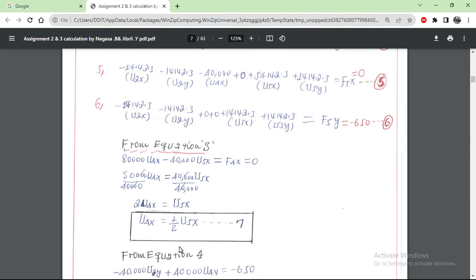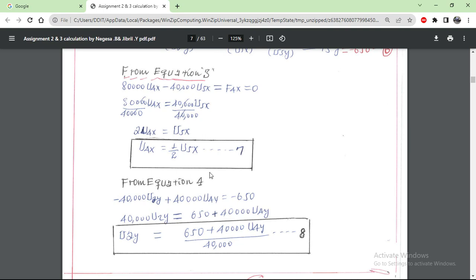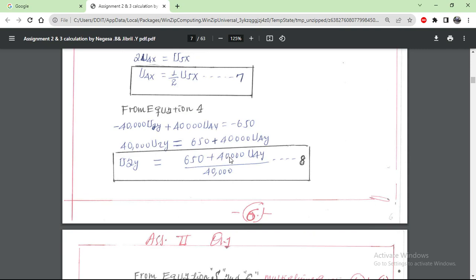So from equation number 4, we add these equations, then we get this result. After adding, rearranging the equations, we get equation number 8. Equation number 8 says that u2y equal to 650 plus 40,000 u4y divided by 40,000.